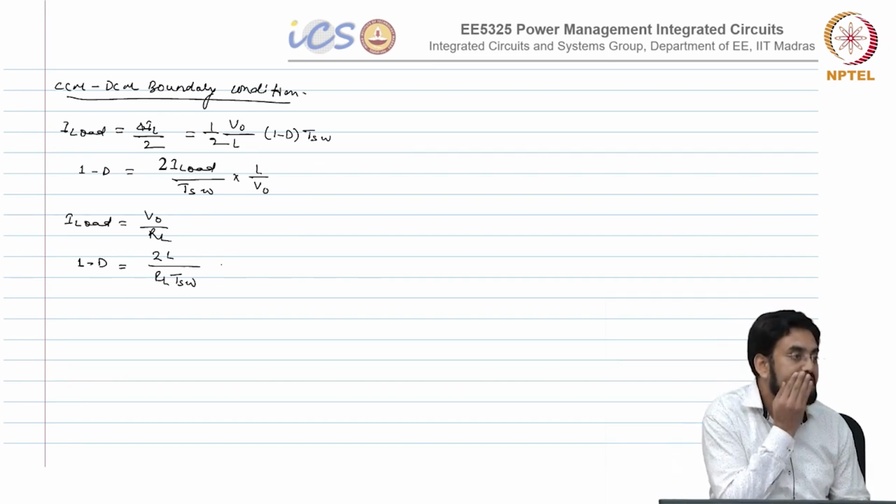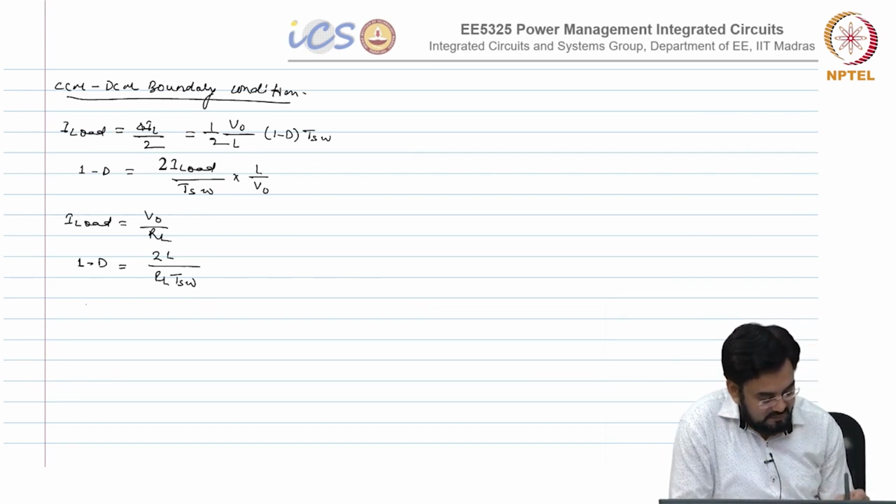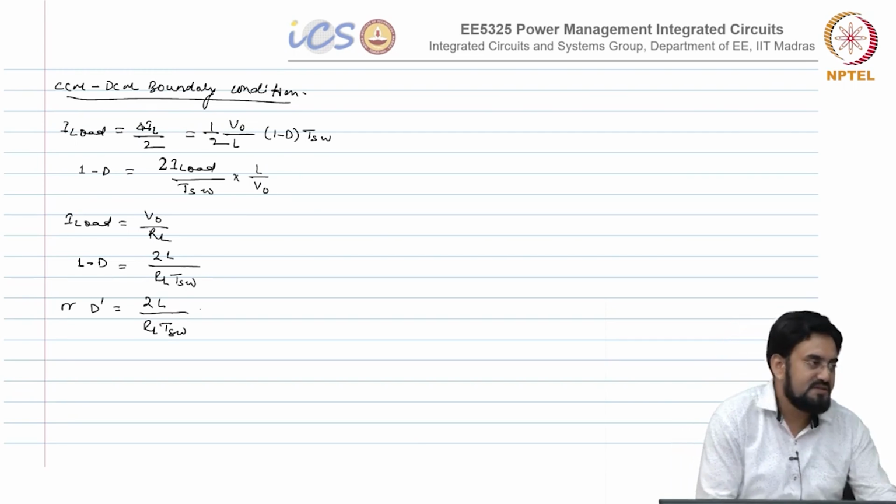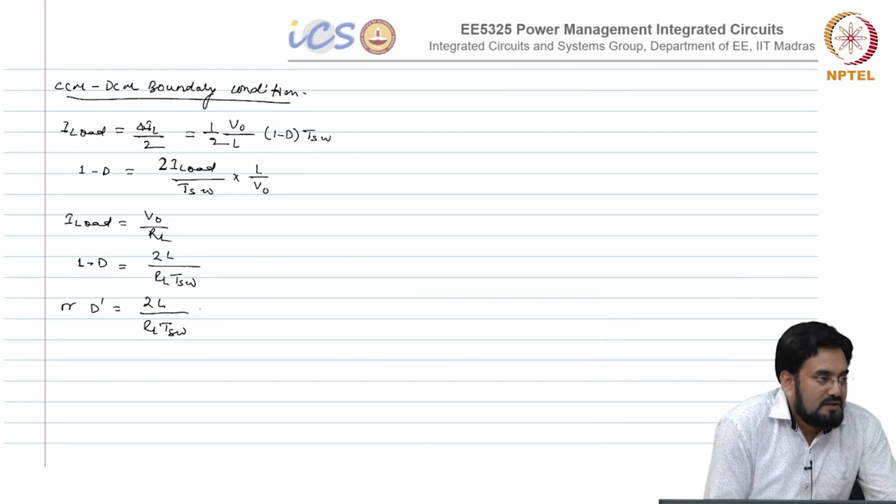Correct. Or D naught equal to 2L over, which means 1 minus D should be what?